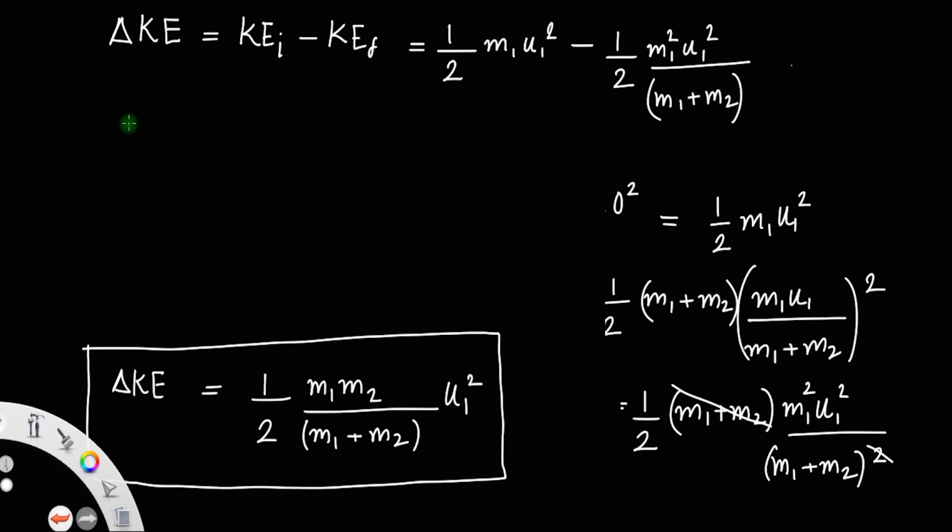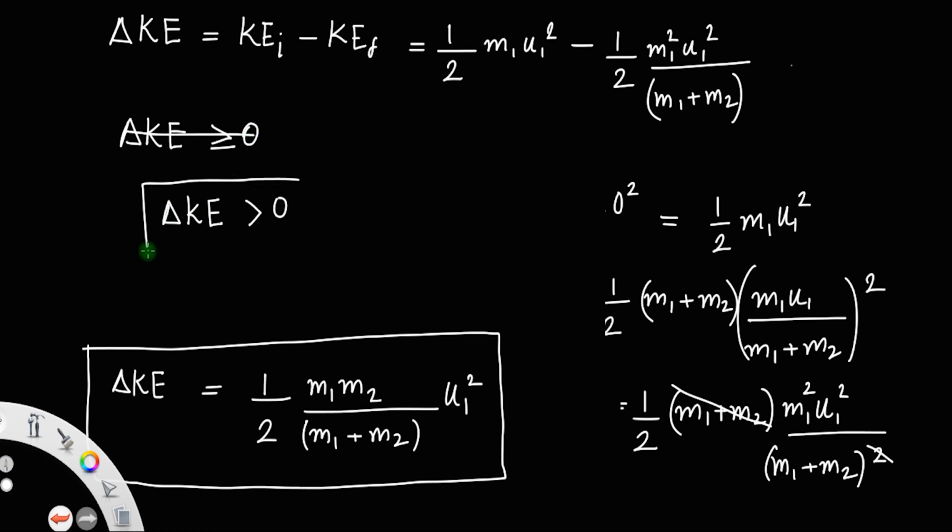That is, delta KE is always greater than or equal to 0. Clear? It will only be 0 if u1 square is equal to 0, that is u1 is 0. That doesn't make any sense. So we can write that delta KE is always greater than 0.